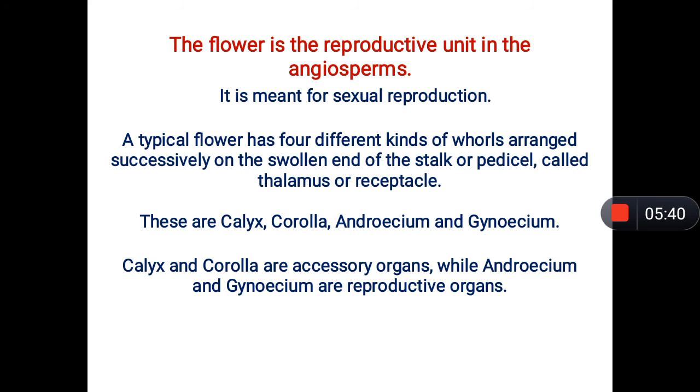So calyx and corolla are called accessory. They can be called unfertile, whereas androecium and gynoecium are called reproductive, so can be called fertile.